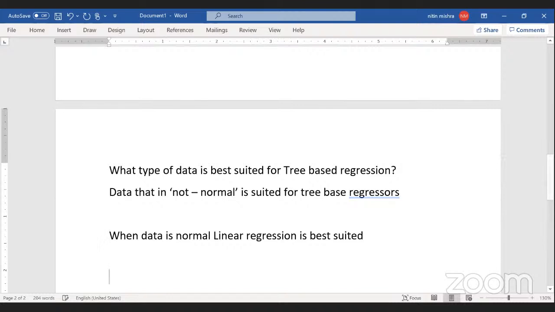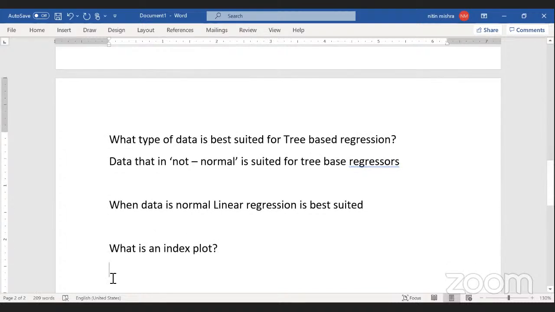All right. Now that we are talking about regression, what is an index plot? All right.